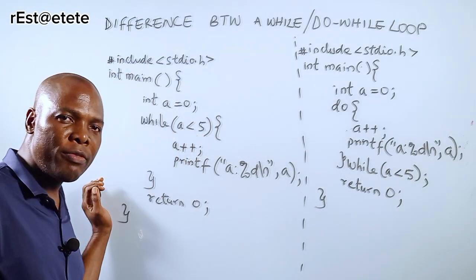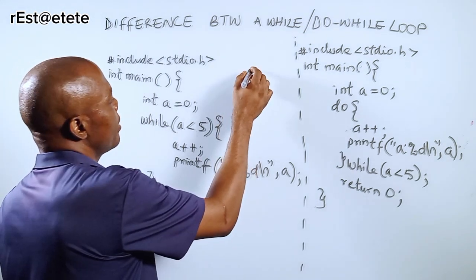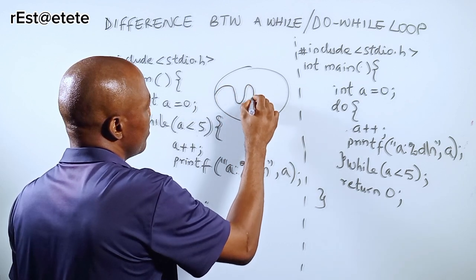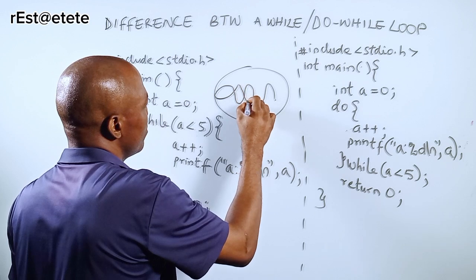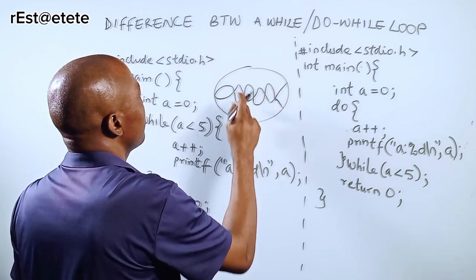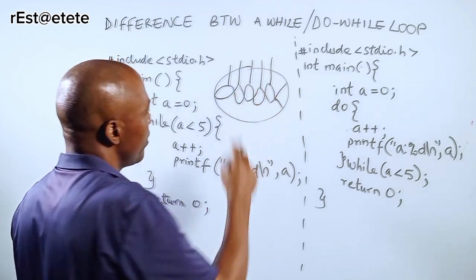The two programs will give me 5 iterations. One, two, three, four, five.